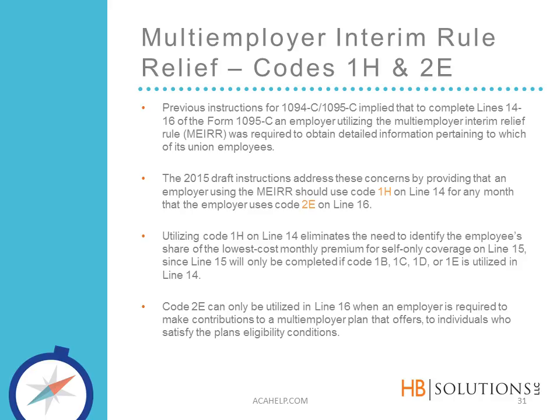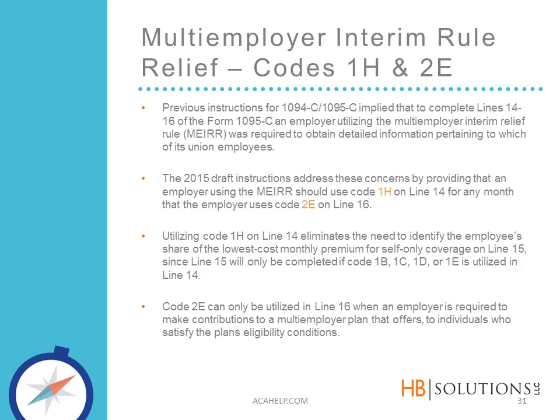The catch with this relief, though, is that code 2E can only be used if the coverage provided under the plan is affordable, provides minimum value, and covers dependents. And the issue here is that the instructions provide us with no guidance for what employers should do if a multi-employer plan refuses or is unwilling to make these certifications.